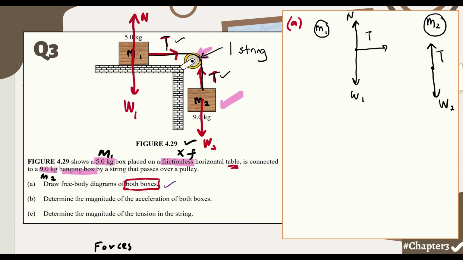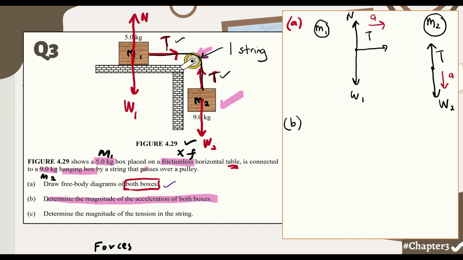Then to solve B, we need to determine the acceleration of both boxes. For that, we need to know the direction of motion. For M1, the motion is to the right, in the x-axis, and for M2, the motion is downward in the y-axis.